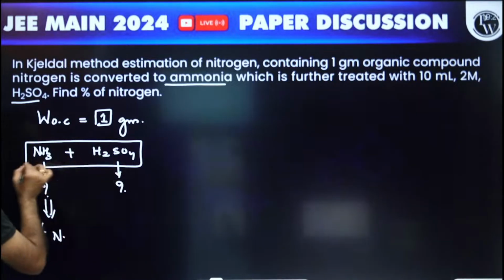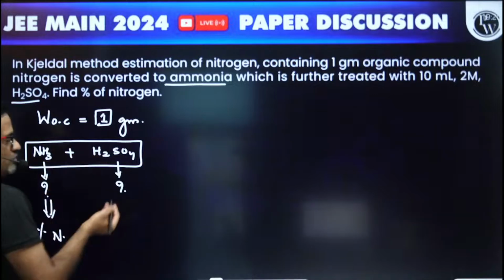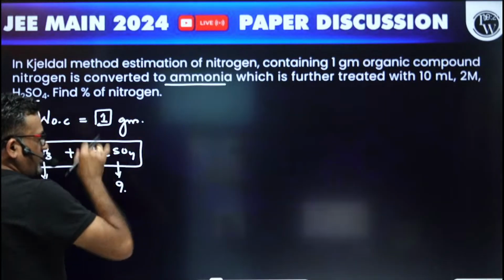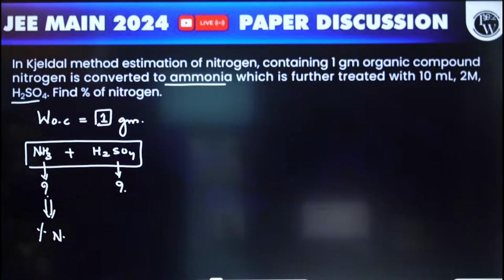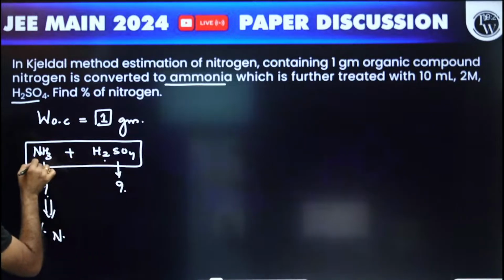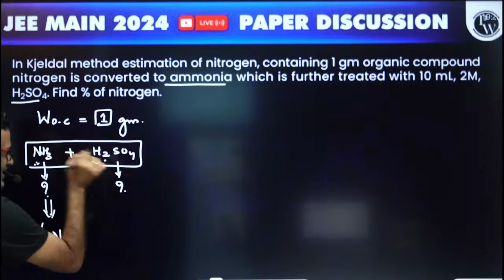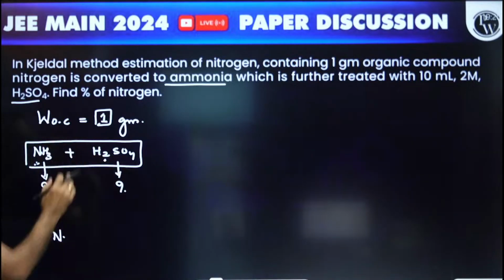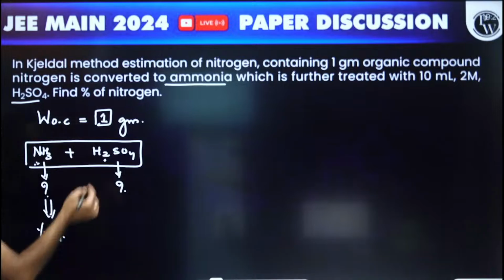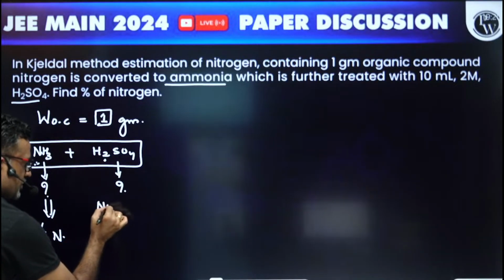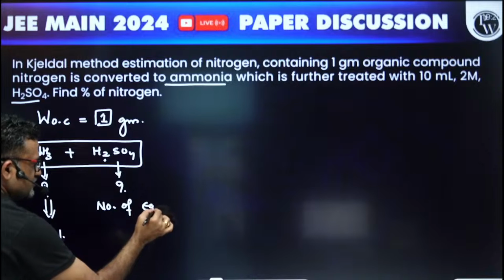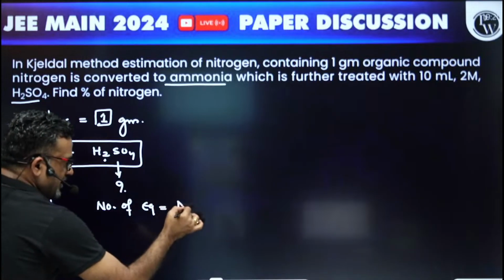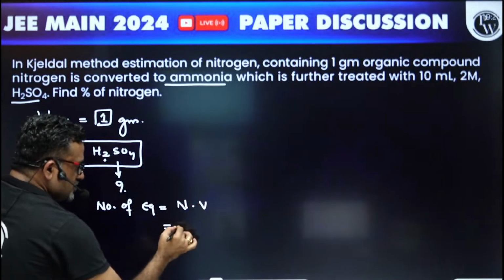But since neutralization is happening, we need to apply the law of chemical equivalence. According to the law of chemical equivalence, the number of equivalents of both of them are the same. First, let us find the number of equivalents of sulfuric acid. That would be N into V. N into V is what?